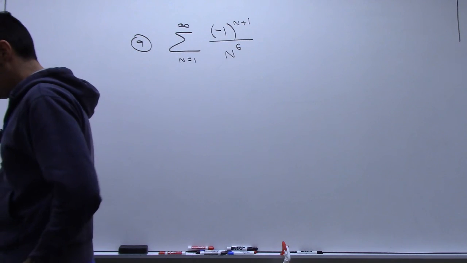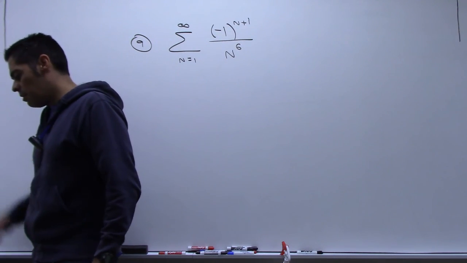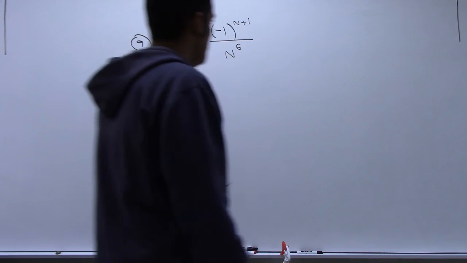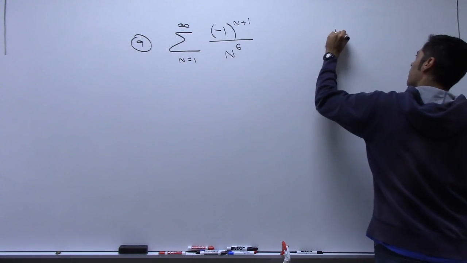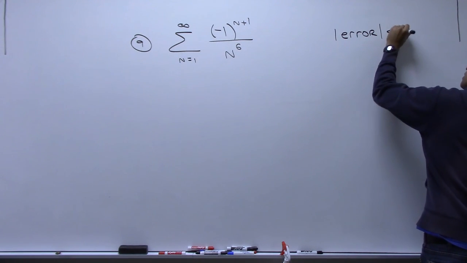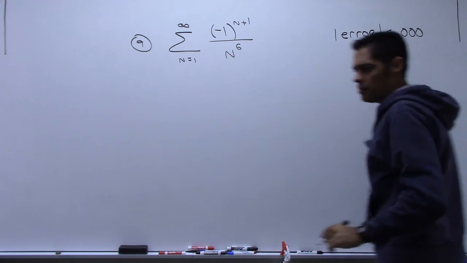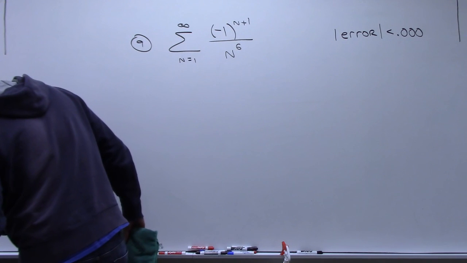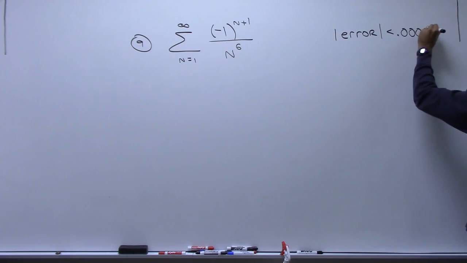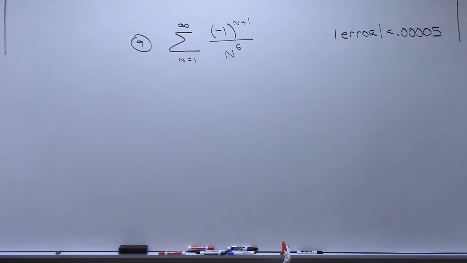How many terms of the series do we need in order to find the sum to the indicated accuracy? So they want an error of less than 0.00005. They want our accuracy to be within that error.